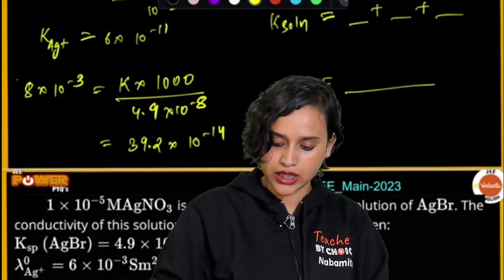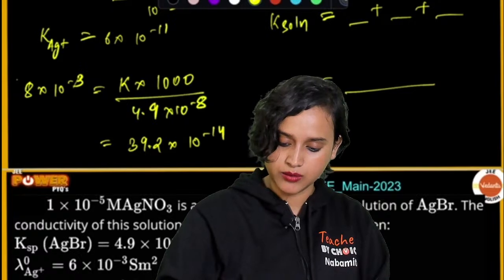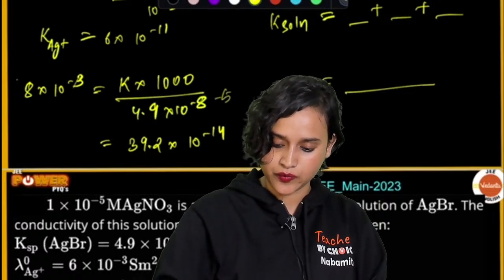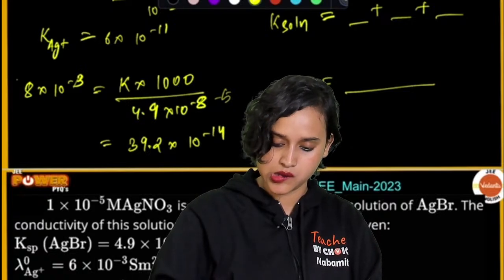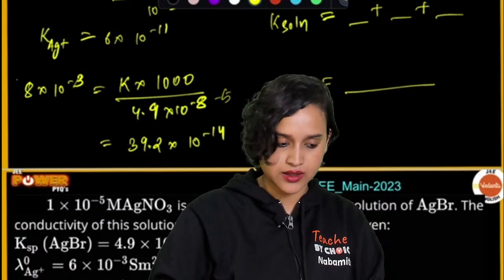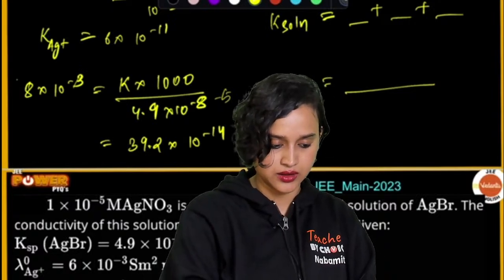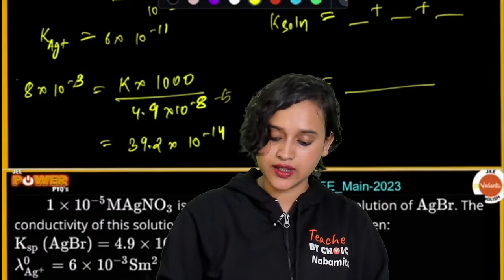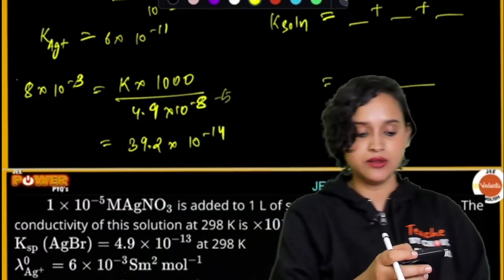From here minus 3, here it goes minus 5, it will become minus 5. Guys, are you sure this is 10 to the power minus 14? Check it out, ek bar.